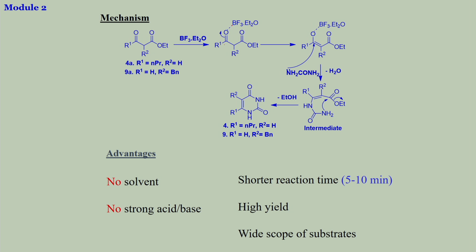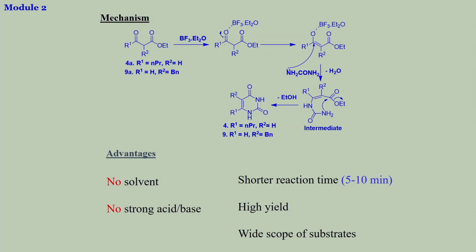BF3 has an empty orbital which attracts electrons, so BF3 is electron deficient. The oxygen electrons can go towards the BF3, which makes this carbon electron deficient. Therefore, the lone pair of nitrogen of urea can attack very easily.